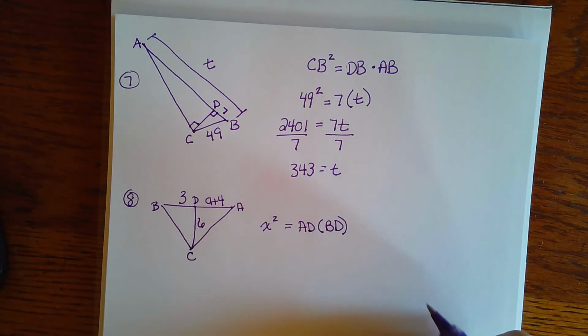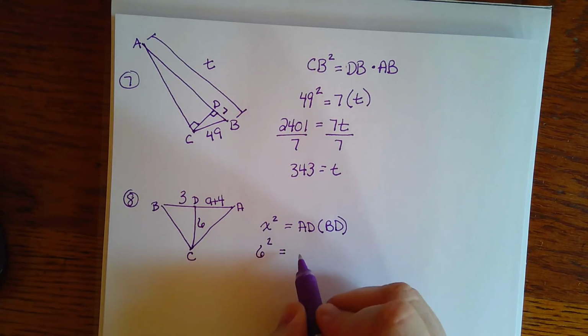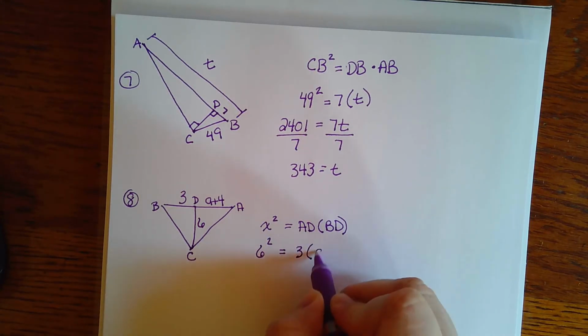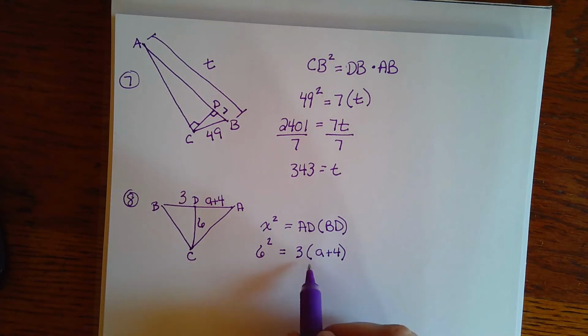Okay, so this right here is going to be 6 squared equals, now I'm going to go ahead and put the number out front, so it's going to be 3 parentheses A plus 4. All right, now what I have here is, since I didn't have the full length, I'm going to go ahead and just multiply them.